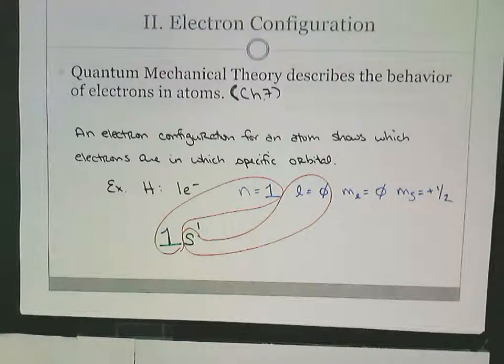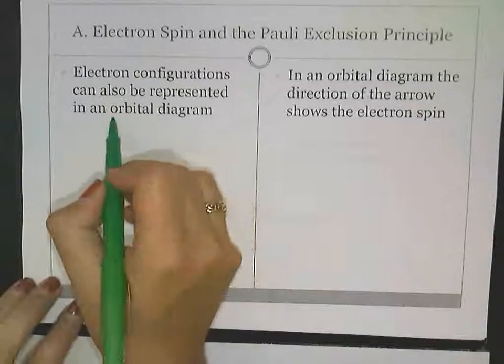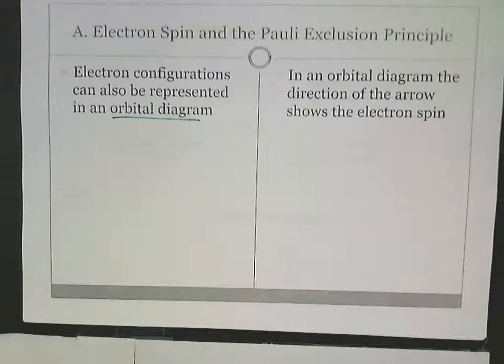If we wanted to tell the reader more information about the electron, we would use an orbital diagram. An orbital diagram is a graphical representation of the electron configuration.